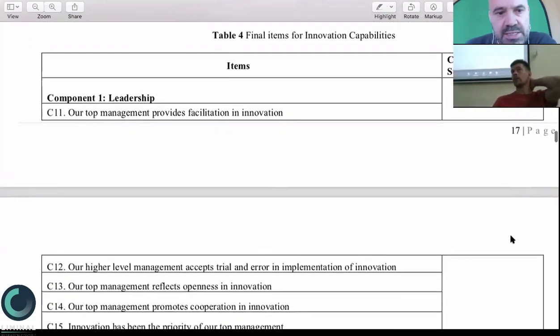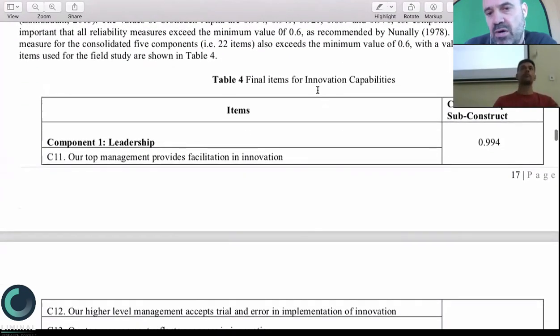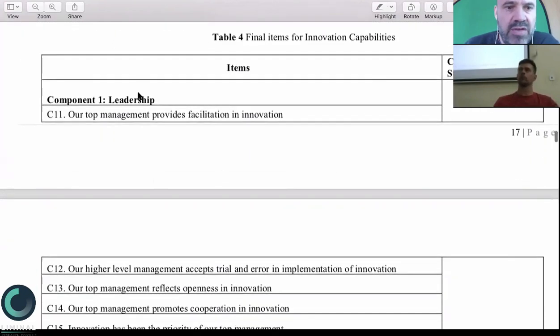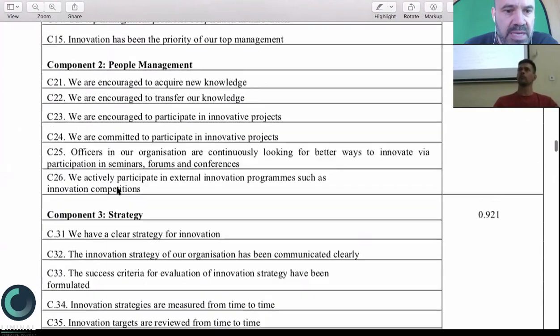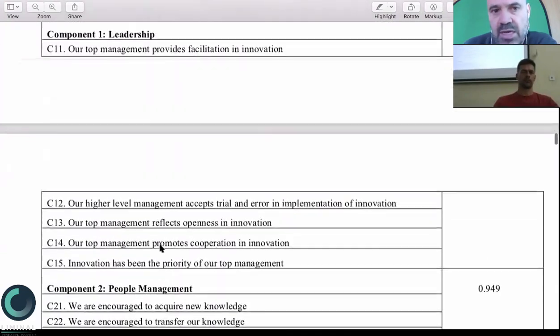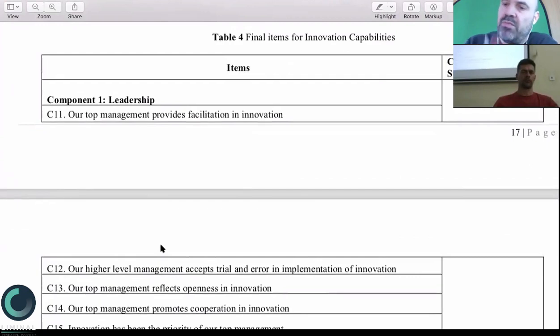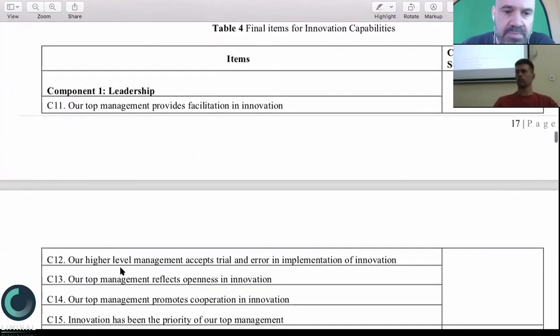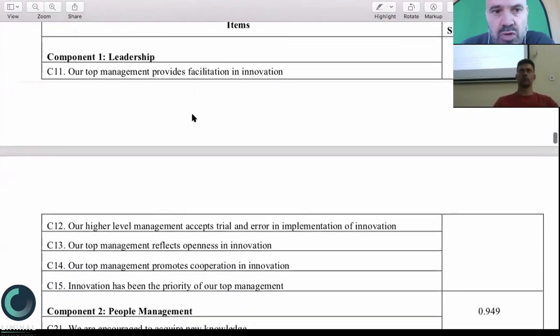Say, for instance, you have another article on innovation capabilities and you didn't get everything that you want, because in your theory you have leadership, people management, strategy, rewards, and resources, but you have something else there on innovation and you got it from another article. Say the other article also has leadership, but something else that you need. You don't mix the questions for the two articles.